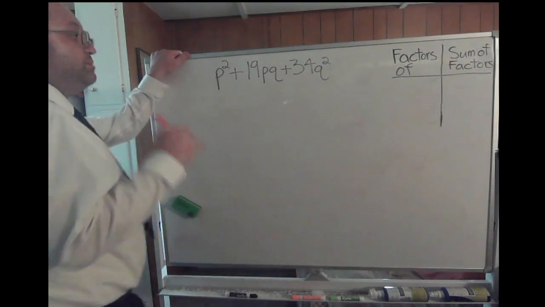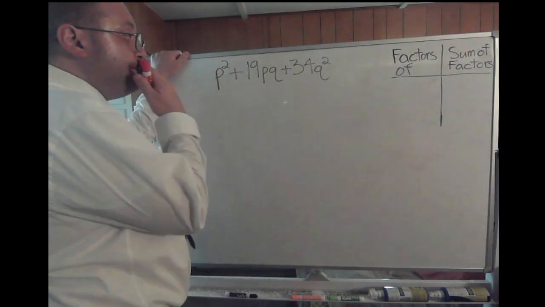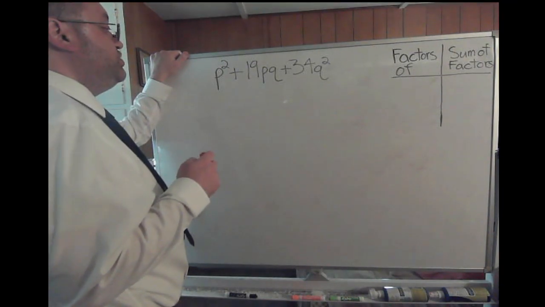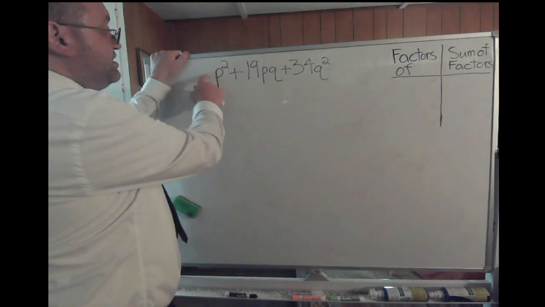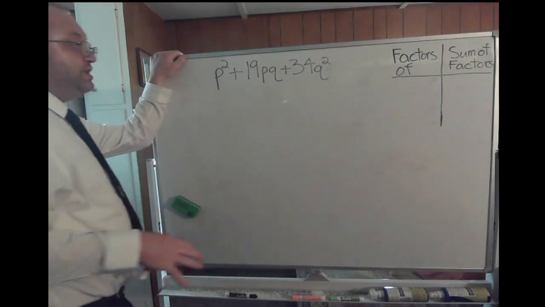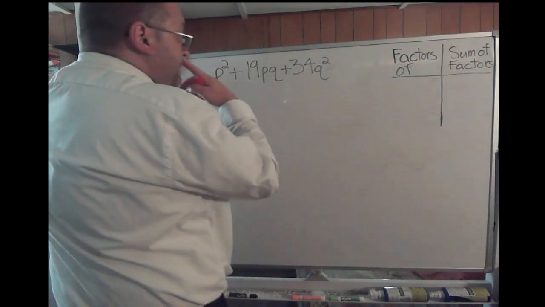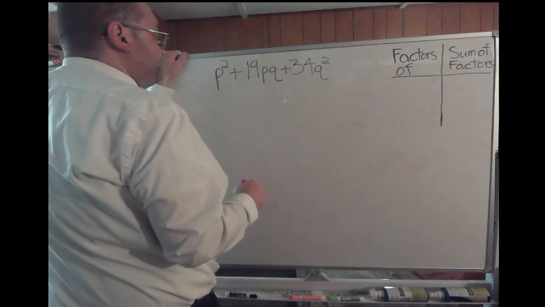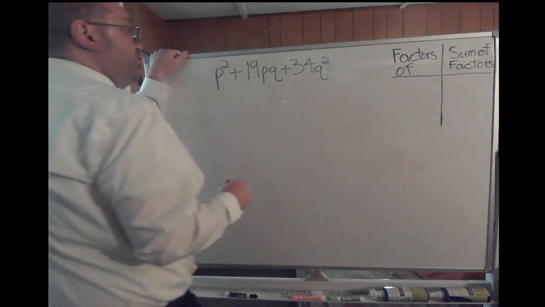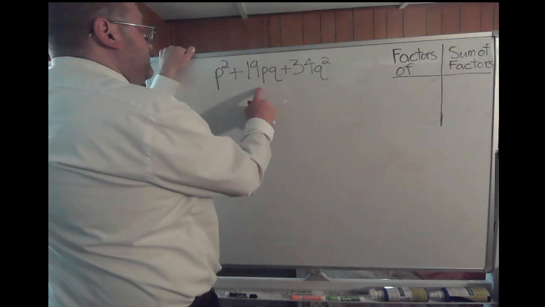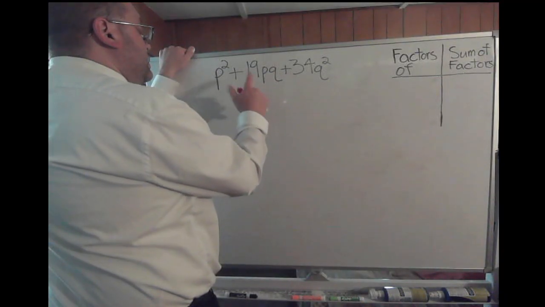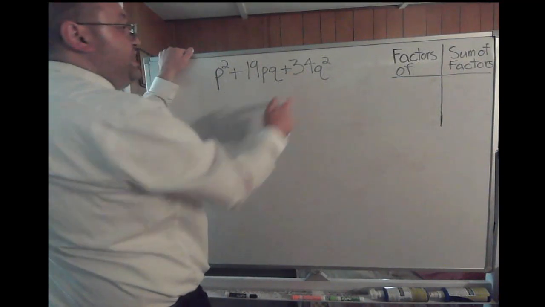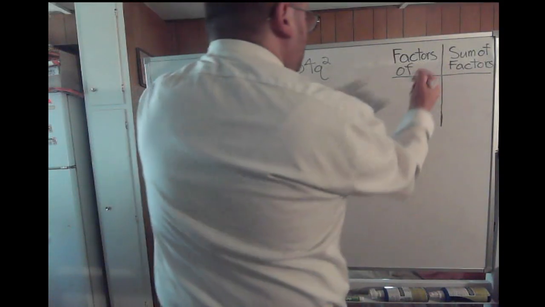It's going to work much the same way. Because your coefficient on the p squared is still 1, so your life's easy there. Your middle term is positive, so you're going to have to find positive factors of 34 Q squared.